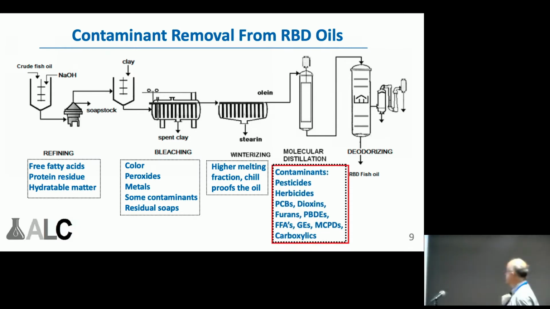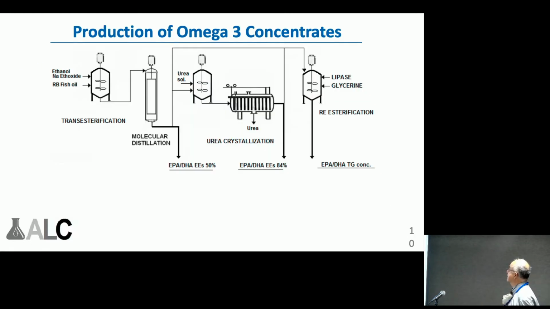This is the part of the process where these machines, these short path strippers and the ROTOTHERM system that I'm describing here, are replacing this step to remove all of these contaminants, basically. And the last step is usually deodorizing, which the stripper does some of as well.